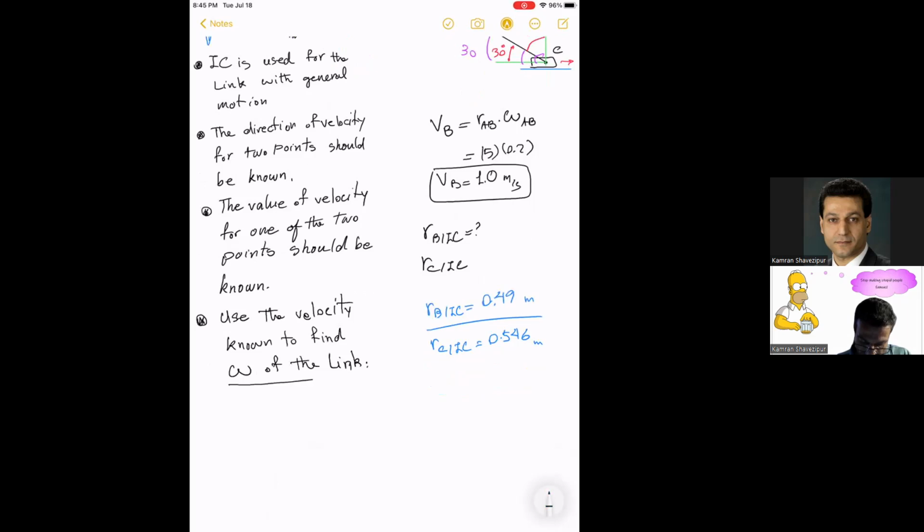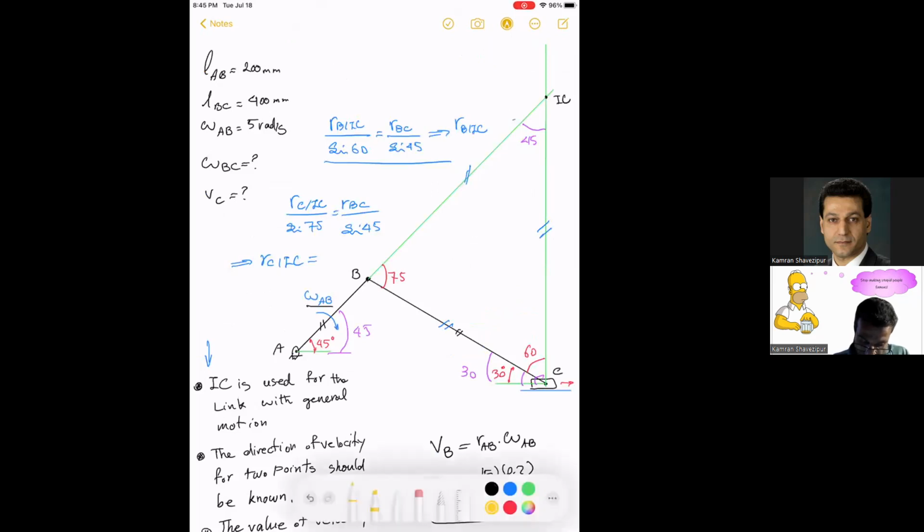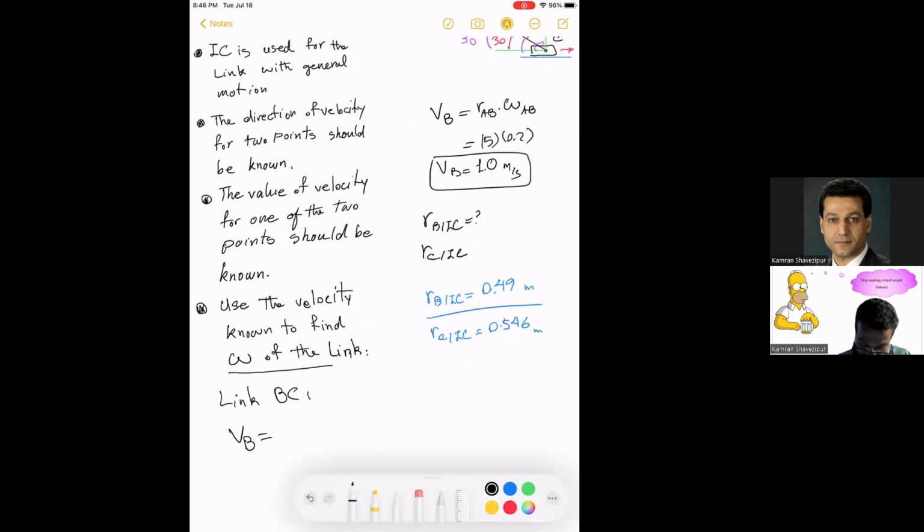I use link BC and I know velocity of B. Considering at this moment, if this is velocity of B, it looks like B rotates about this point with this radius, then I can write VB is RBIC times omega BC.